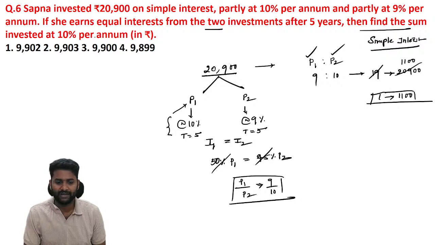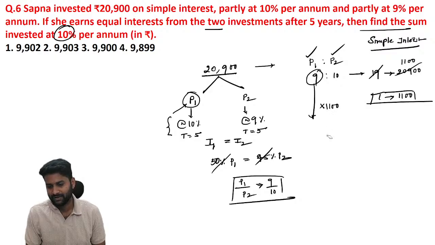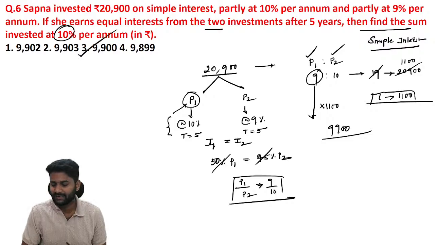Now the question: find the sum invested at 10 percent. So the sum invested at 10 percent is 9 units. Each unit is equal to 1100, so the total value becomes 9,900, which is the correct answer.